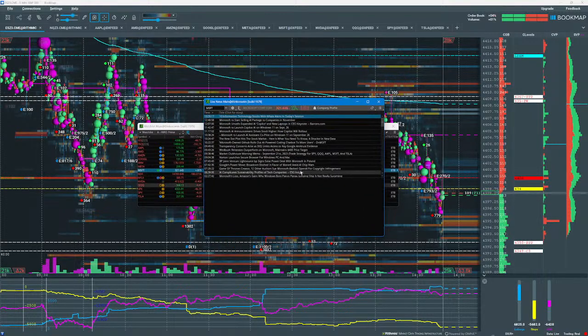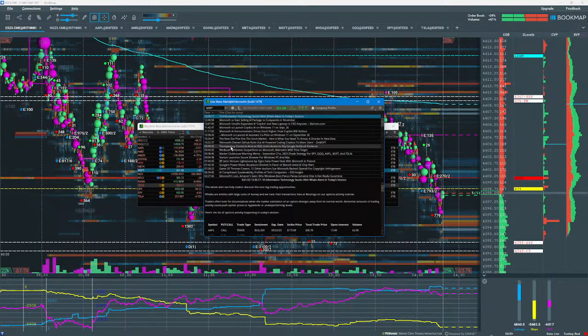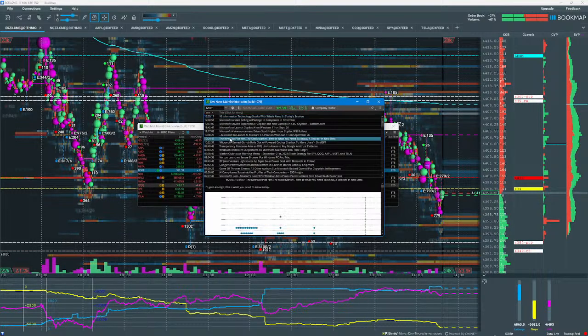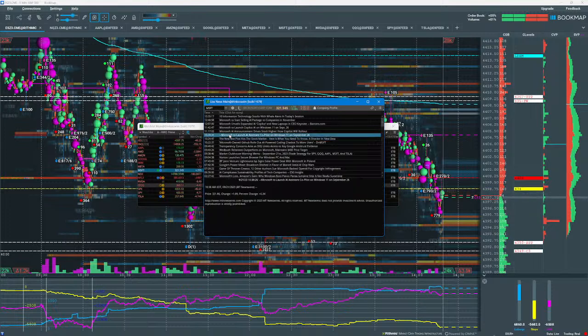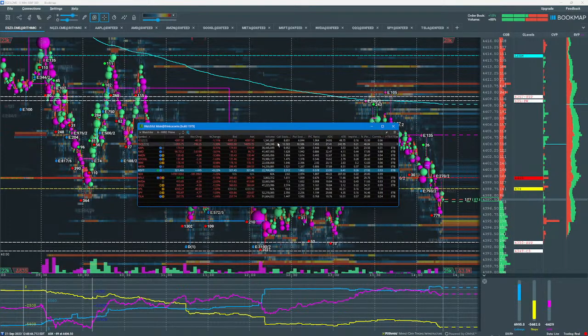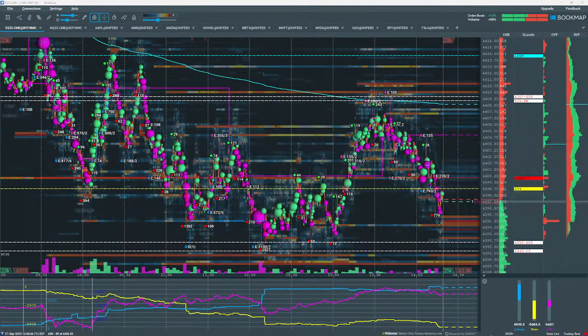All right, there it is. So again, I saw the move well before the news came out. This is showing at 10:38. All right, Truman, I hope that helps. I did not see the news before then.